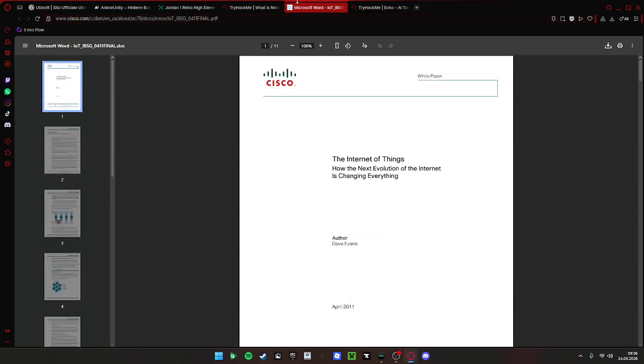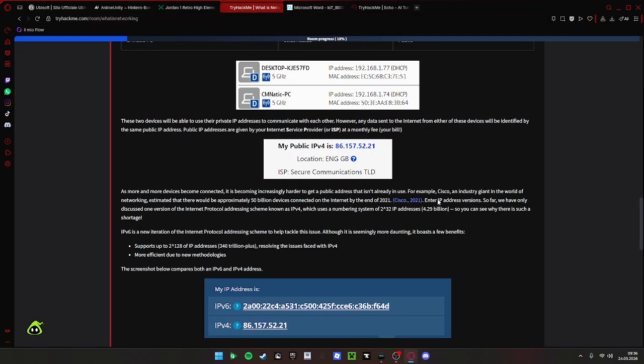So I'm going to come here again. Okay. IP address versions. So far, we have only discussed one version of the Internet Protocol addressing scheme, known as IPv4, which uses a numbering system.